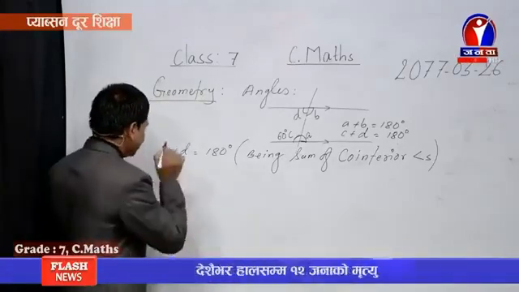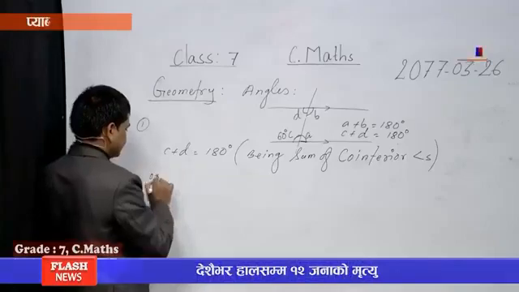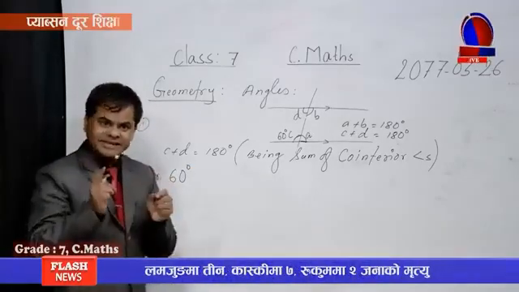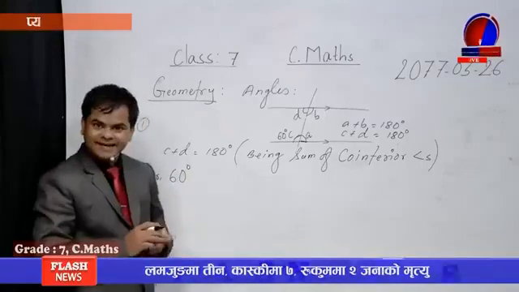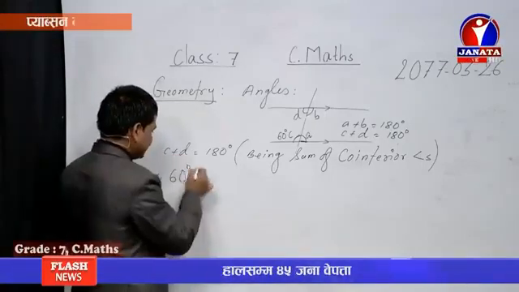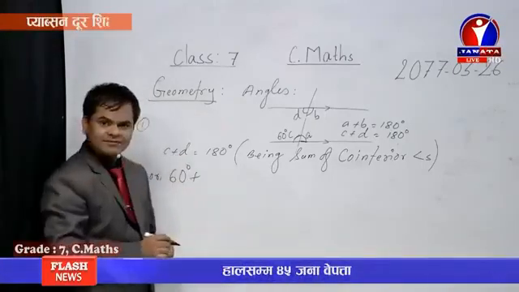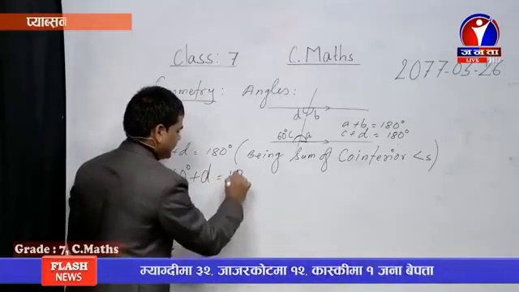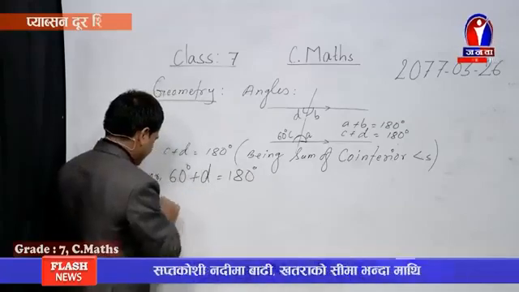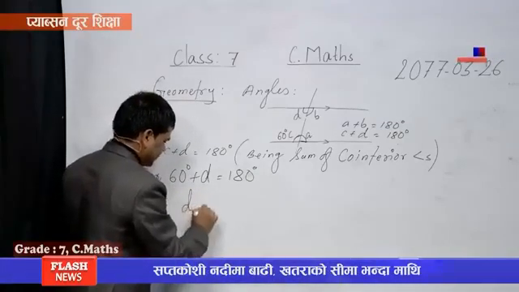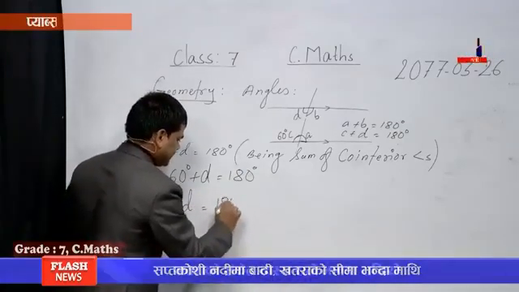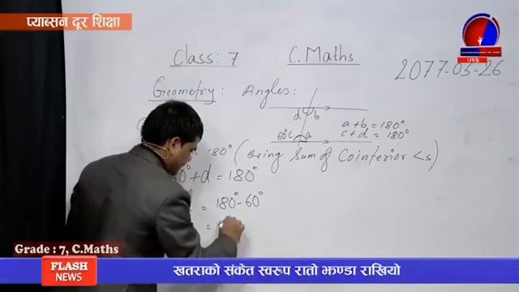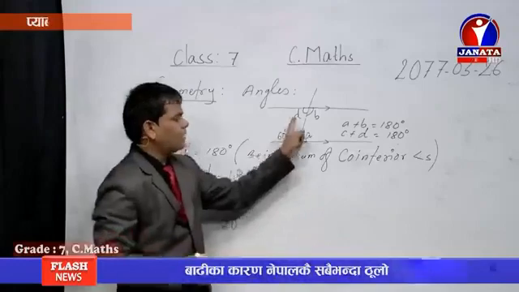So I can keep in the place of C 60 degrees, isn't it? In the place of C, if I keep 60 degrees, then what sign is there? Plus sign is there after C, and then after that is D. Okay, D equals 180 degrees. Now what will be the value of D? D equals 180 degrees minus 60 degrees, which equals 120 degrees. So we got the value of D.